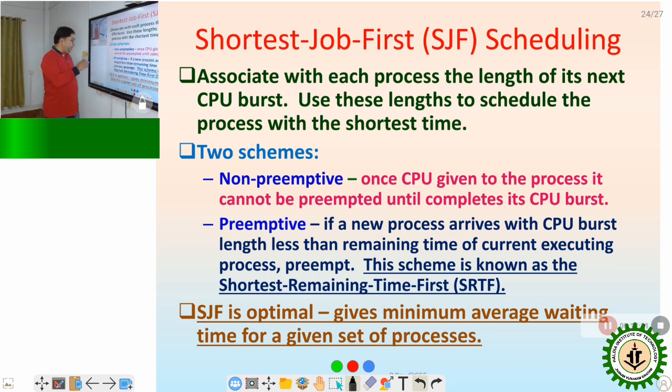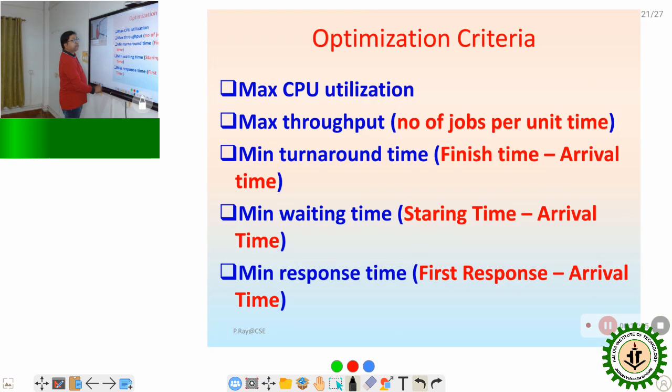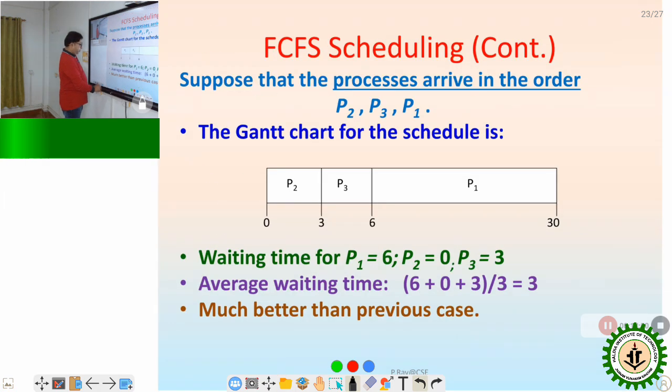So for example, here P2 is assigned, then P3 and P1.